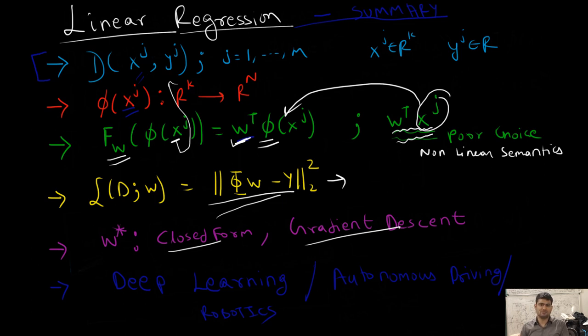And you may ask how is all this relevant in 2019, where companies are investing billions of dollars in deep learning, autonomous driving, robotics, and you can go on the internet and check fancy research papers with very fancy mathematics in various deep learning papers. So you may ask, how does linear regression or typical classical machine learning fit into the current deep learning trend?